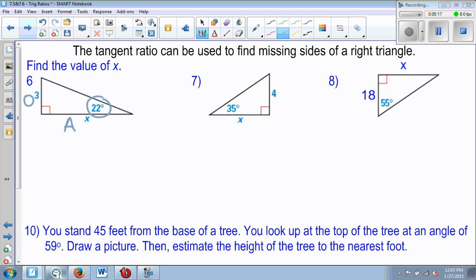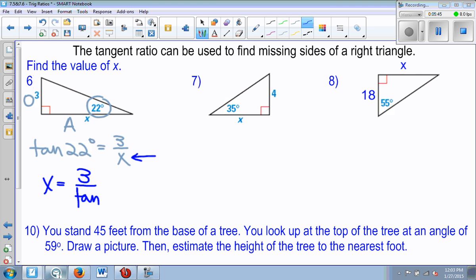So anytime I see O and A, opposite and adjacent, I know I'm going to use a tangent ratio. So tangent of 22 degrees is equal to the ratio of 3 over x. Now anytime we solve a problem like this, if x is in the denominator, like this one currently is, then we are going to use division to solve the problem.